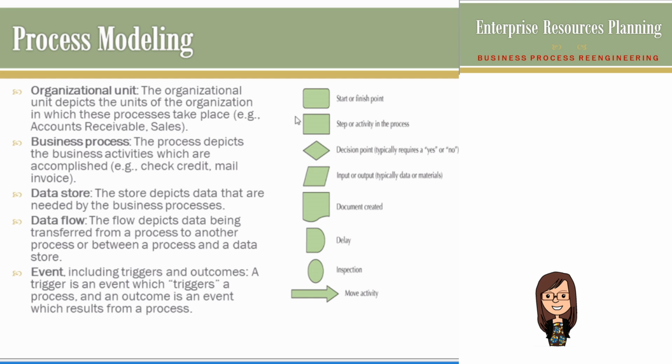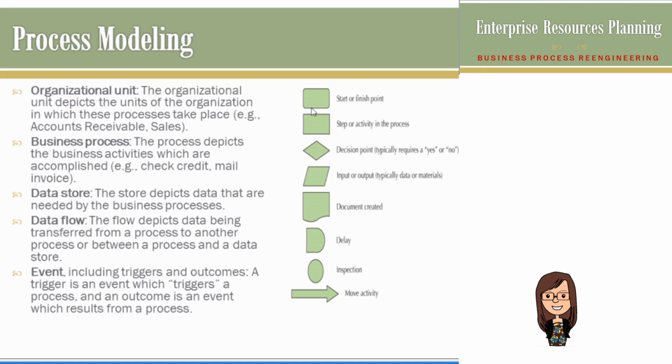So if you still remember, there will be an organizational unit, or sometimes we can call it an actor, or a functional area, or a department. Okay, that is the organizational unit. And then there will be a business process, and this is using the BPMN, business process modeling notation.